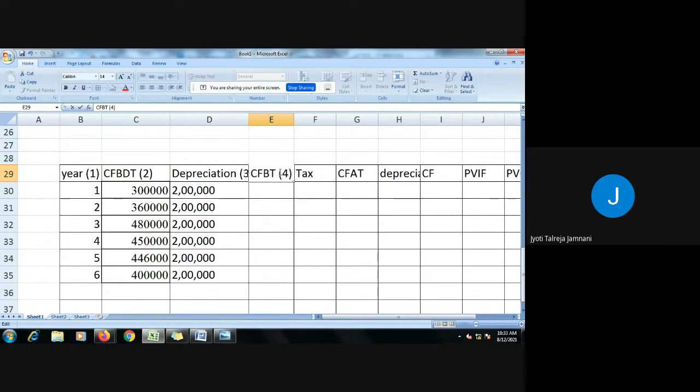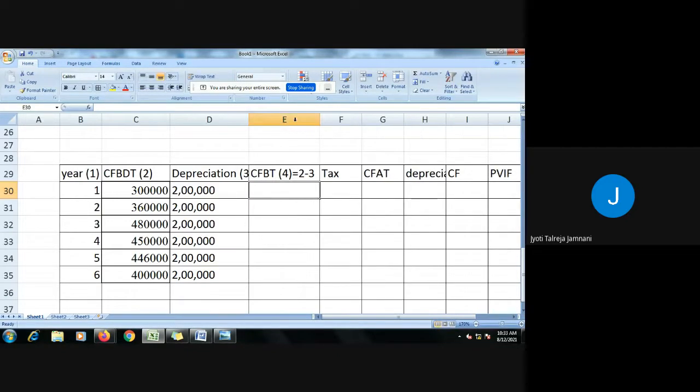Column 4 is equal to 2 minus 3. Why 2 minus 3? Because column number 2 minus column number 3 will give you cash flow before tax. So from cash flow before depreciation and tax, I am removing this D. So if I remove this D, I will get cash flows before tax. So from 3 lakh, I'll minus the depreciation 2 lakh to get the cash flow before tax. So 3 lakh minus 2 lakh, it is 1 lakh.